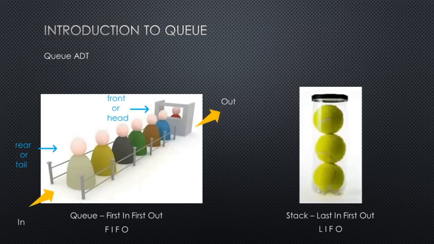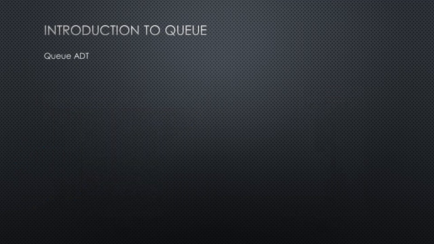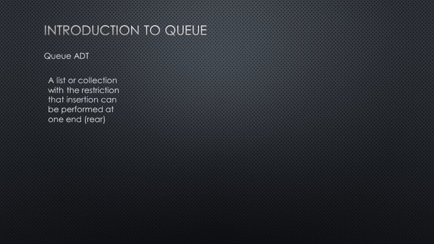If I have to define queue formally as an abstract data type, then queue is a list or collection with the restriction that insertion can be performed at one end that we call the rear of queue, and deletion can be performed at the other end that we call the front or head of queue.